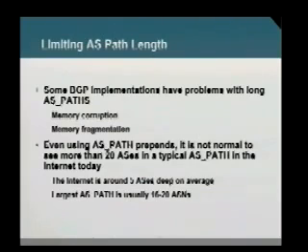So IOS now has a way of limiting the length of the AS path, so you basically drop a prefix if the AS path is longer than something you set. Even using AS path prepends, it's not normal to see more than 20 ASs in a typical AS path in the internet today. And that's something I've added to my own routing report: the longest AS path prepend, which I think is about 16 ASs at the moment.